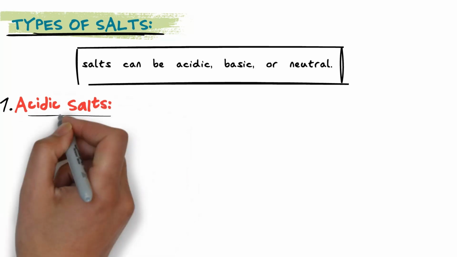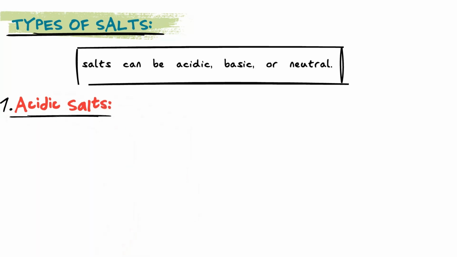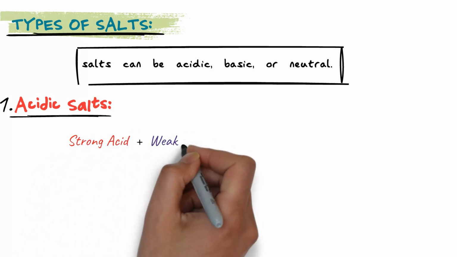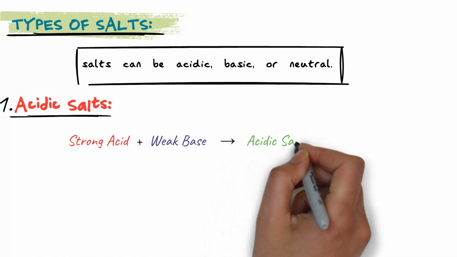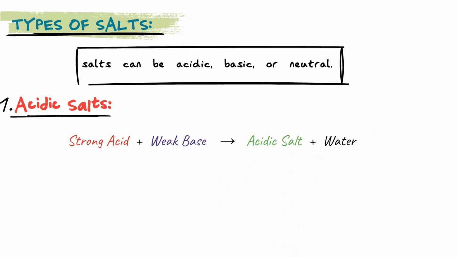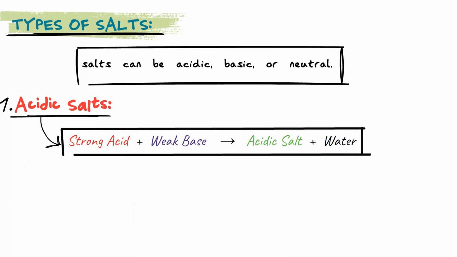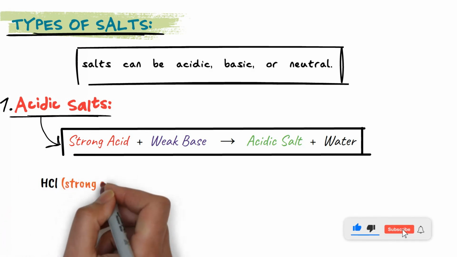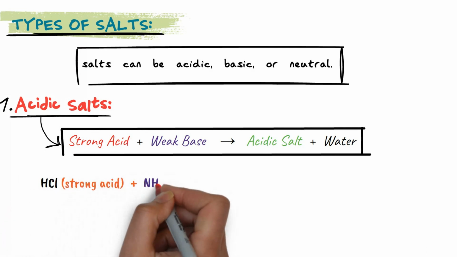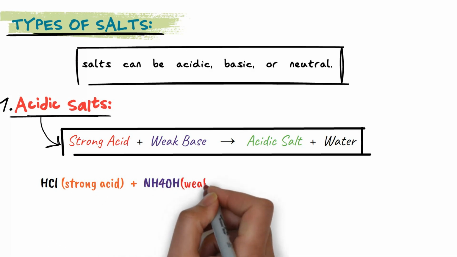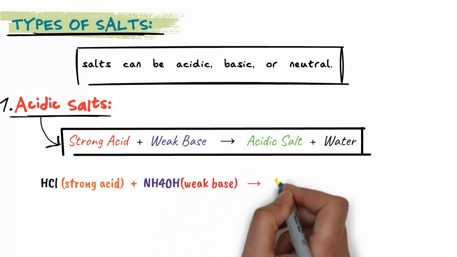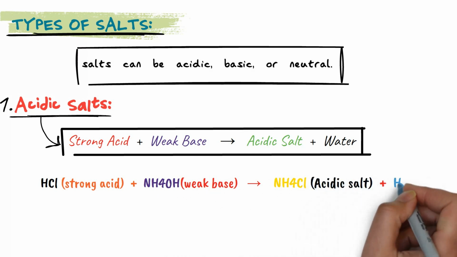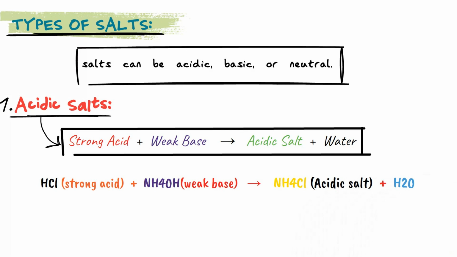Acidic salts. A salt is usually acidic when it is formed by the reaction of a strong acid and a weak base. For example, when hydrochloric acid, a strong acid, reacts with ammonium hydroxide, a weak base, the salt formed is ammonium chloride, which is an acidic salt.